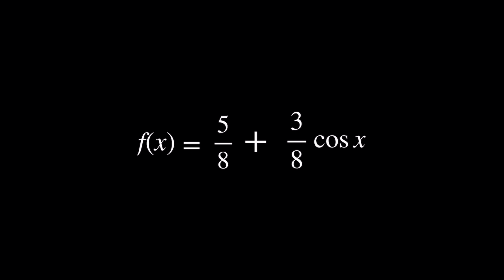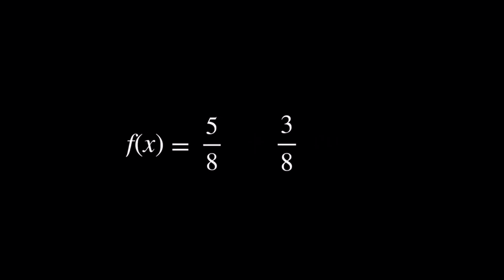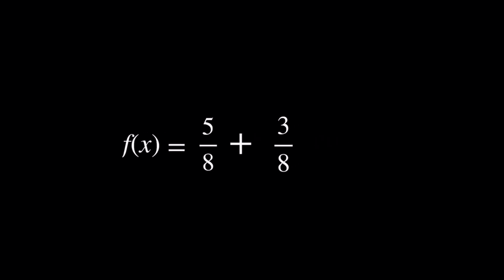Now we can rewrite this in terms of the exponential function, because the cosine of x is simply the real part of e to the ix. Now, let's pick a positive integer n.